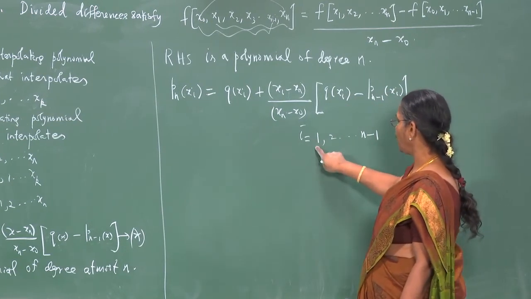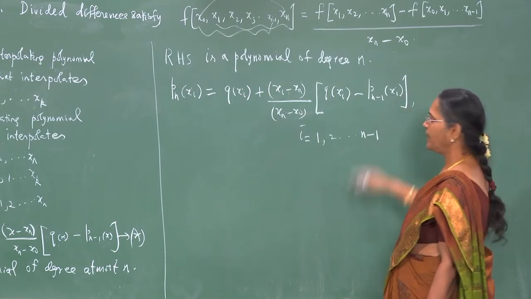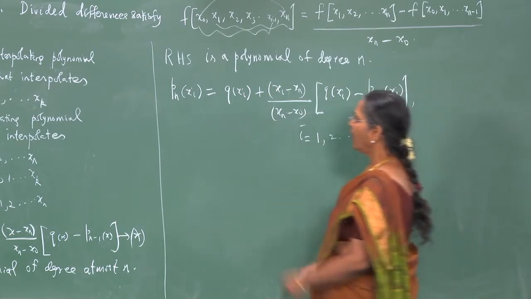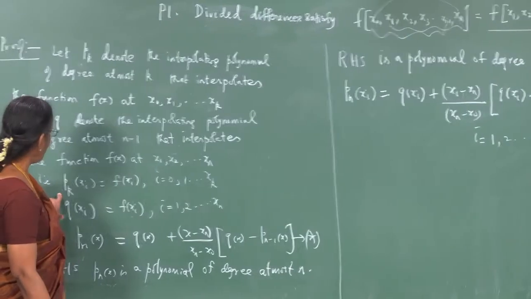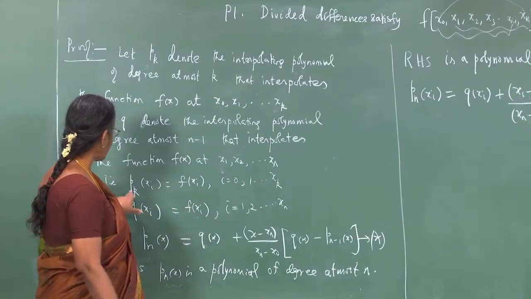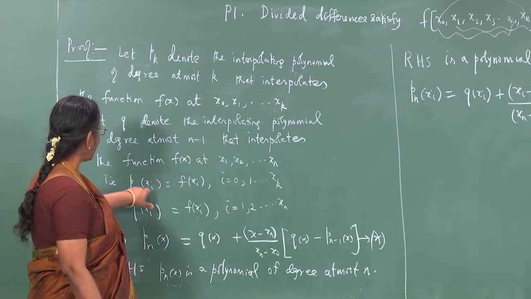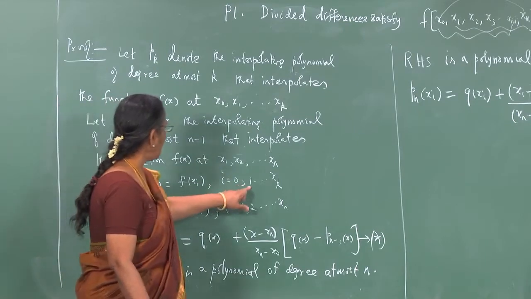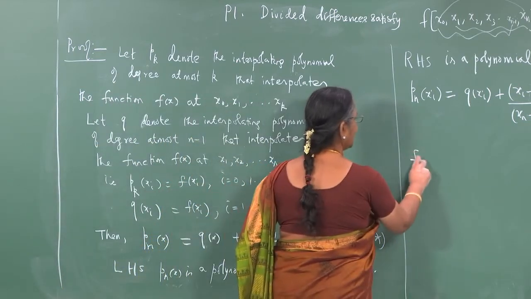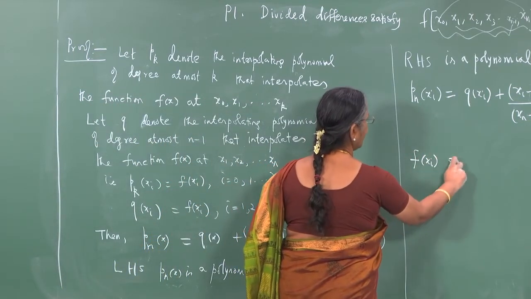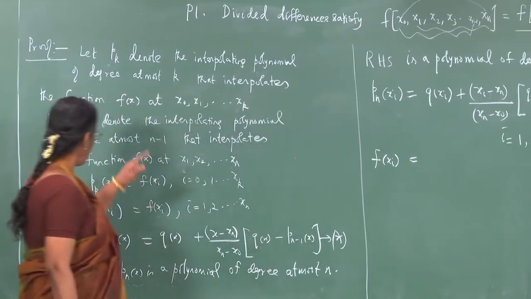What are they? x1, x2, etc. xn minus 1. What is Pn of xi for i equal to 1 to n minus 1? Just see, Pn of xi for i equal to 1 to n minus 1 will be f of xi. So, the left hand side is f of xi. What about q of xi?